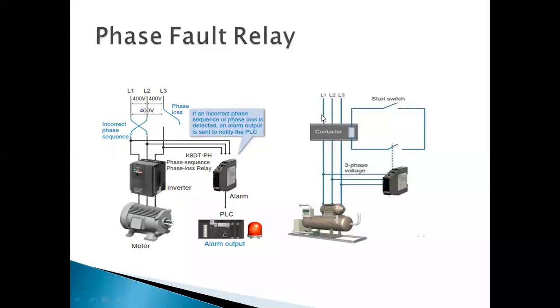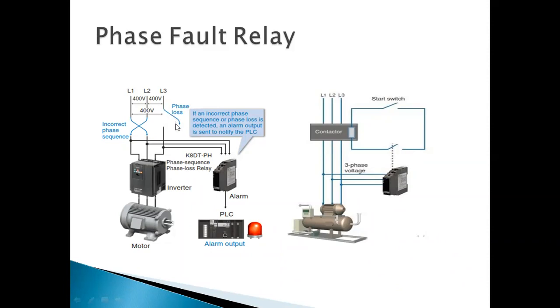Good afternoon, everyone. In the last lecture, we saw the phase fault relay and directional relays. In phase fault relays, if there is any fault in two phases of a line, considering R, Y and B phases, the phase fault may be a change in the phase sequence, or there may be a phase loss.